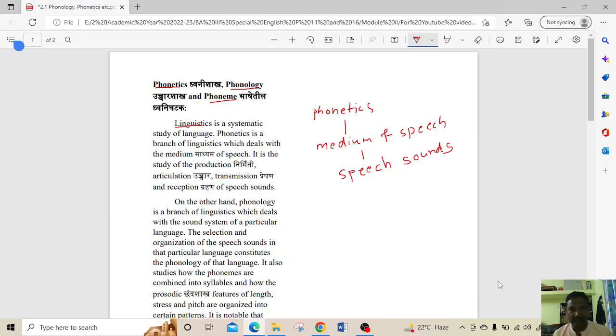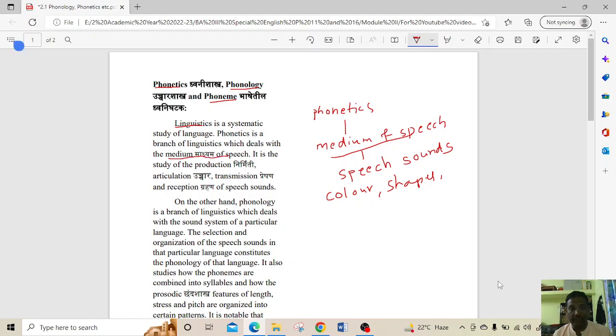Just like with the help of color, shapes, a painter draws a picture. In a similar way, when we talk, we use speech sounds, therefore they are called the medium of speech. So phonetics deals with the medium of speech.